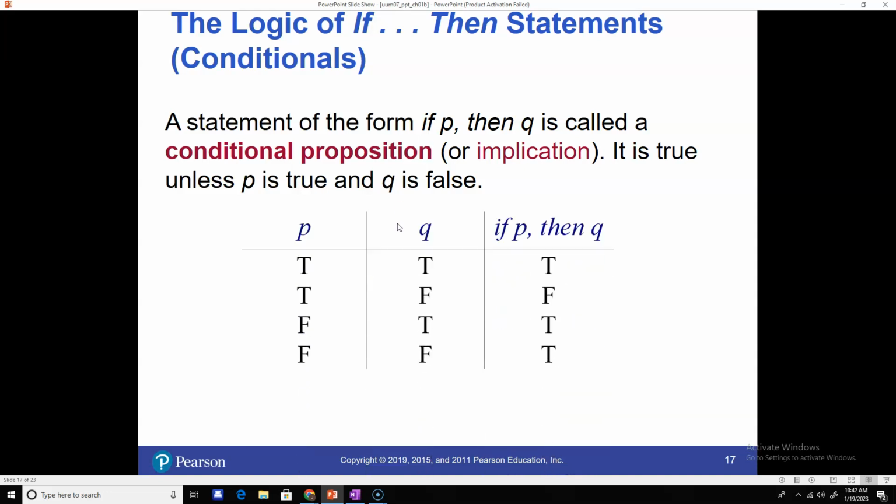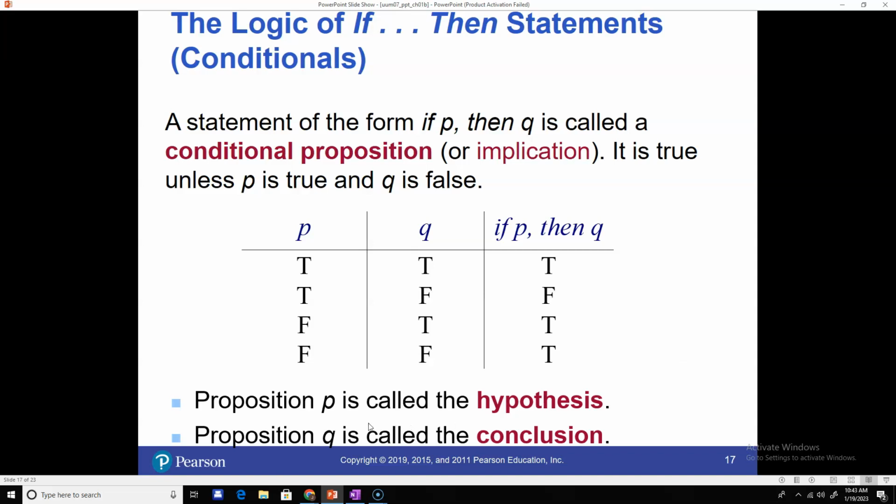So we'll look at the truth table below here. Again, we have 3 trues in the conditional, and the only way you can get a false thing is by taking a true hypothesis and implying a false consequent. So true implies true is true, true implies false is false, false implies true is true, and false implies false is true.